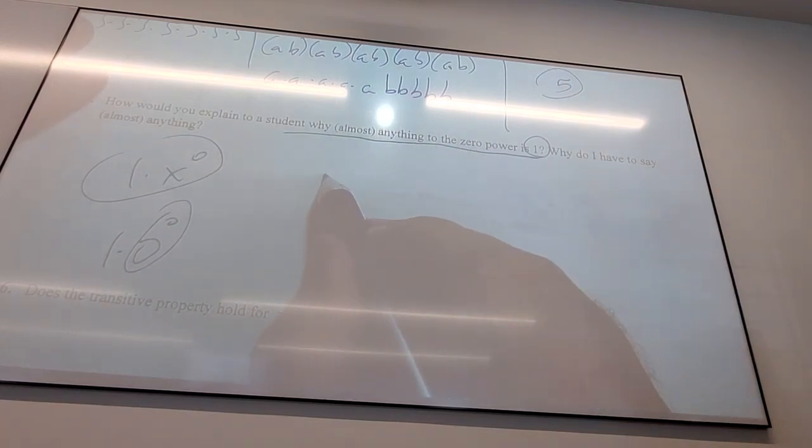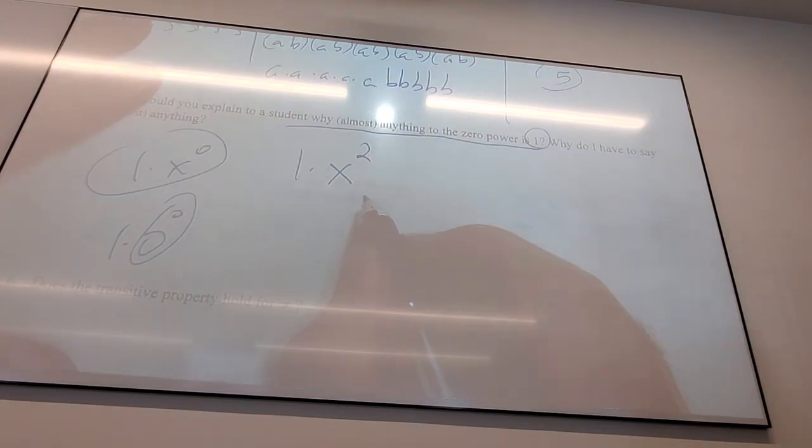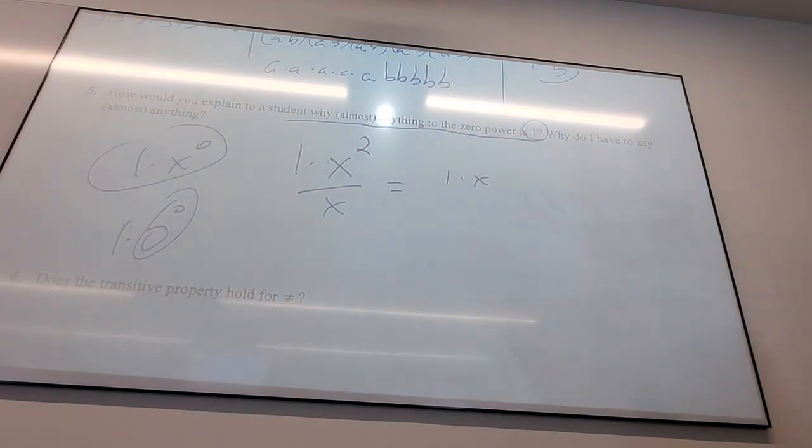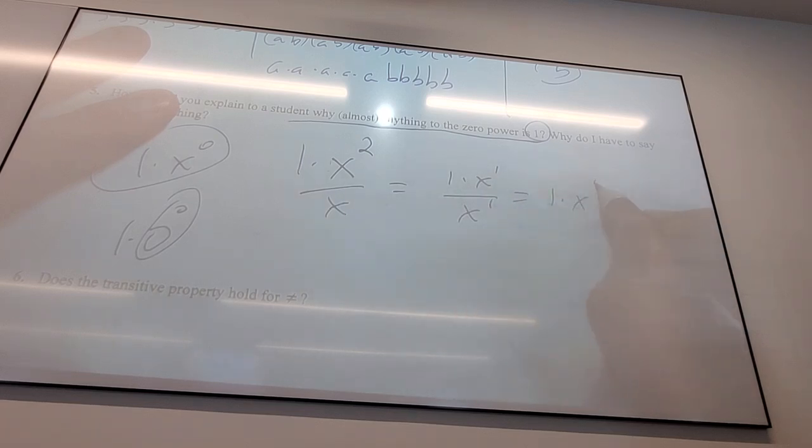So one way to do this is to say, okay, if I have an x squared sitting here, this is kind of like what you're saying. So you sort of mix the two together. Isn't there an understood 1 in front? All right, if I divide by x, now I have 1 less x, correct? If I divide by x again, if I do the property, I get x to the 0.